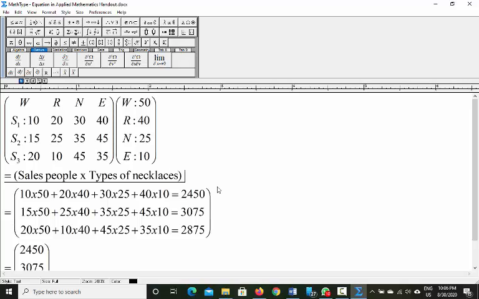Now in the second matrix, in the row we have types of necklaces, because in the first row we have watch, in the second row we have ring, in the third row necklace, in the fourth row we have earrings.